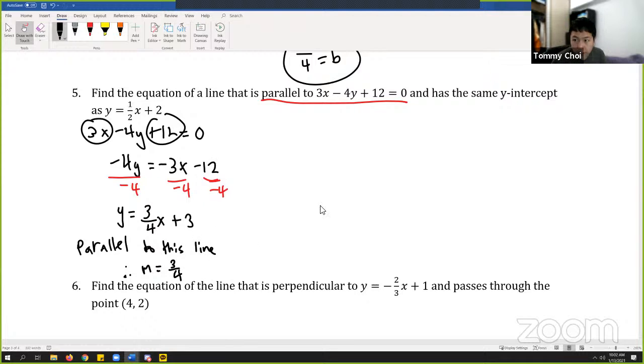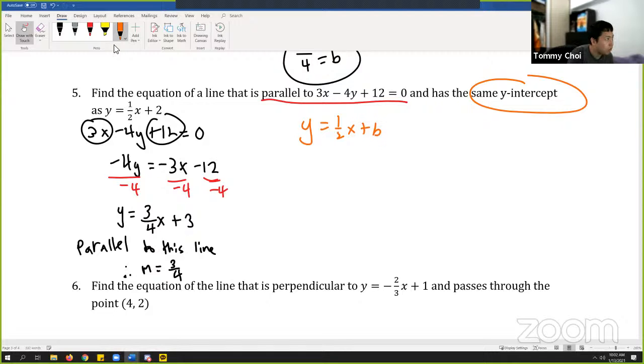We solve for the equation of the line in y equals mx plus b because we need the slope if we're finding it's parallel. Because the line that we want is parallel to it, we know that the slope is also going to be 3/4. That's our first piece of information. The second piece of information is the y-intercept. It has the same y-intercept as y equals 1/2 x plus 2.